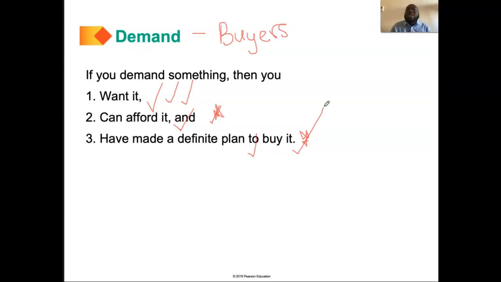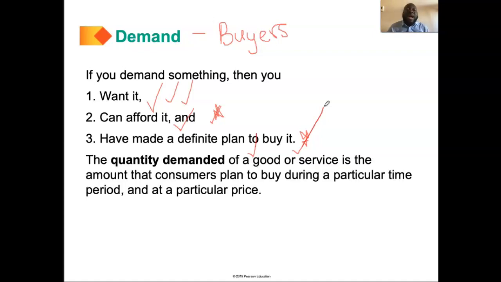So from these criteria, we can actually define what quantity demanded is, okay? So quantity demanded of a good is basically the amount that consumers plan to buy so long as their demand is satisfied, at a particular time and at a particular price.